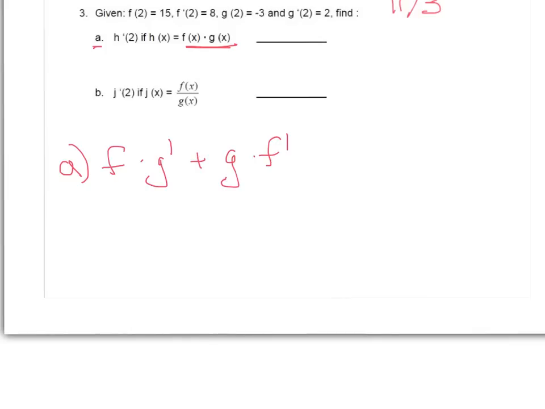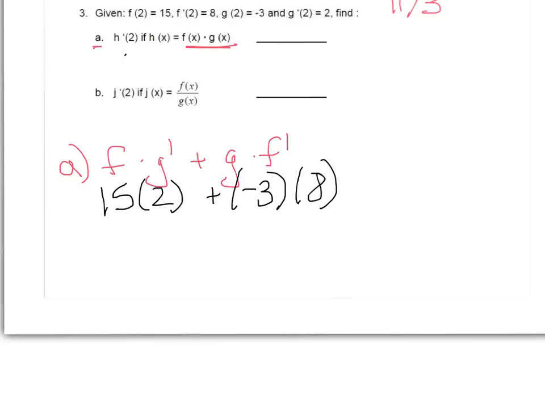So since every value in the problem is at 2, I can substitute in the values: F of 2 is 15, G prime of 2 is 2, G of 2 is -3, and F prime is 8. So I got all of those numbers from the directions up here. So multiplying them together, 30 minus 24, and we get 6 as our value.